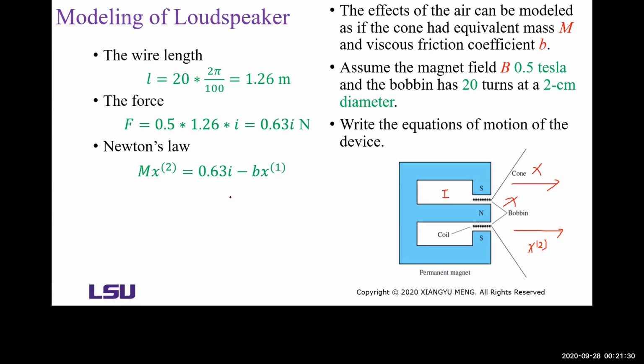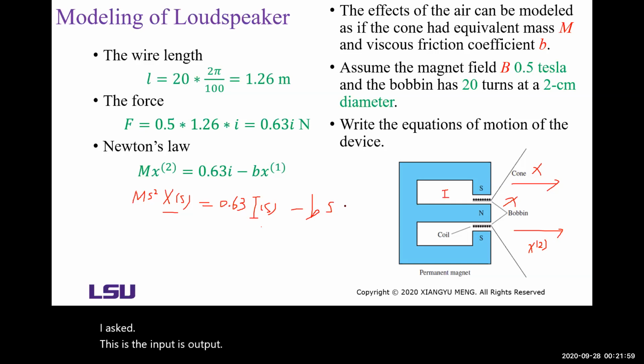Then we can apply the Laplace transform to this equation. We have m s squared X(s) equals 0.63 I(s) minus B s X(s). This is the input, and this is the output.